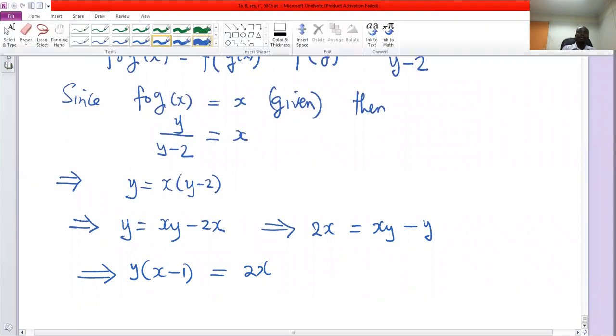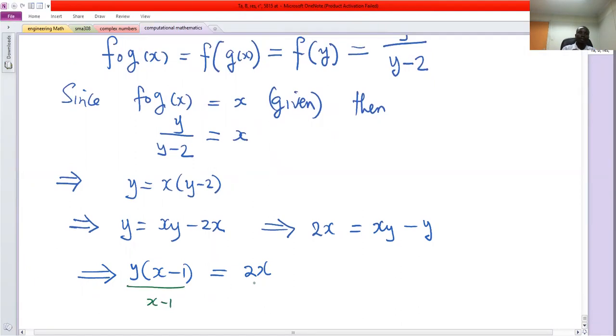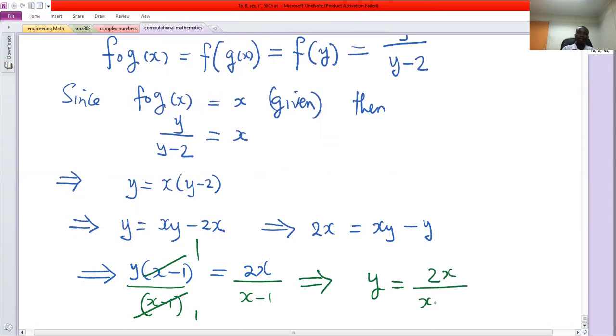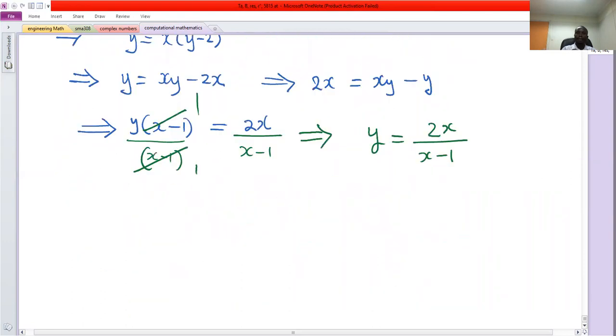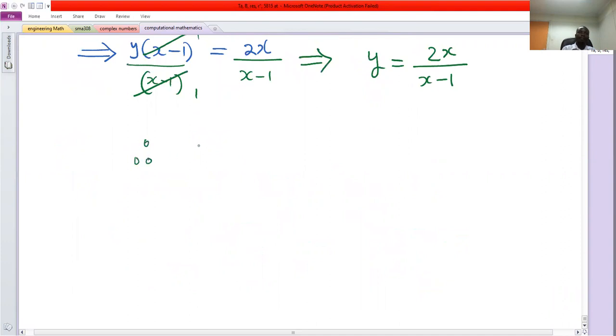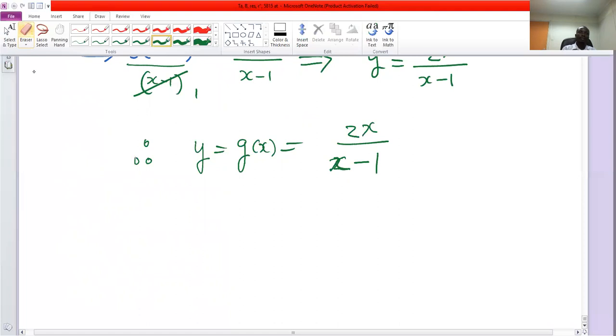And then you divide through by x minus 1, so that this and this cancel out. So this implies that y equals 2x over x minus 1. Therefore, y, which is g of x, is the function 2x over x minus 1. And you can actually confirm that answer.